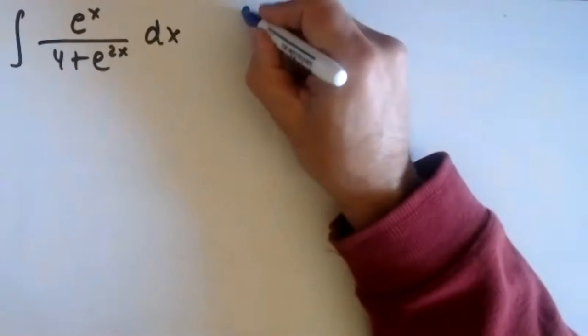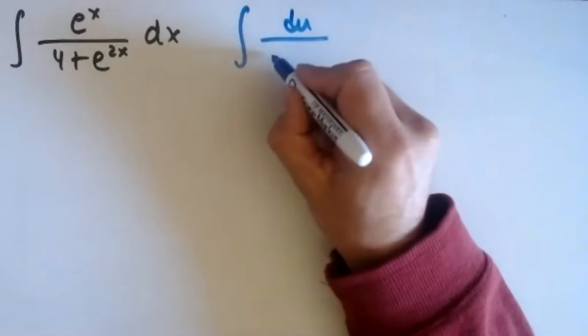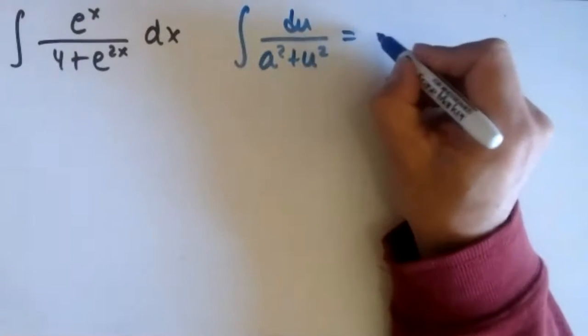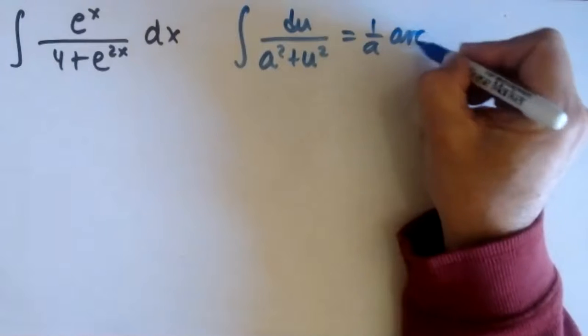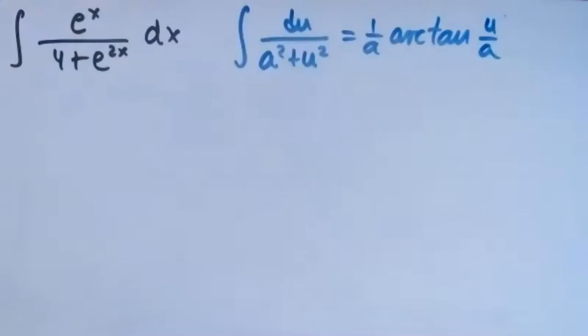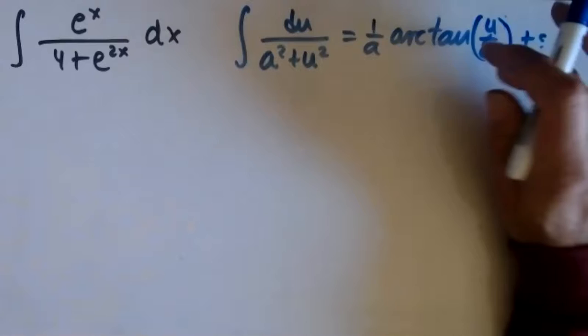It's the integral of du over a squared plus u squared equals 1 over a, the arctangent of u over a, plus my constant, correct?